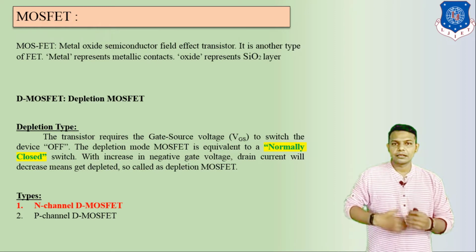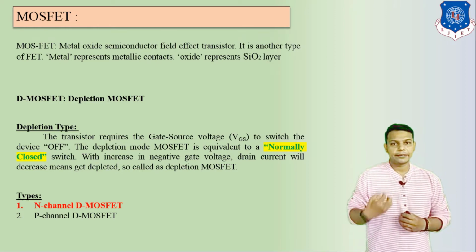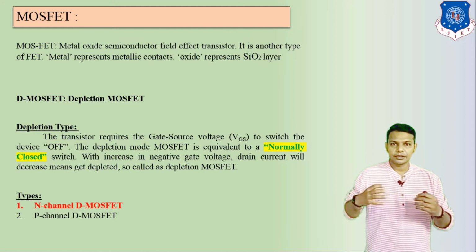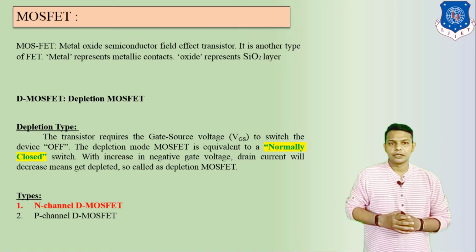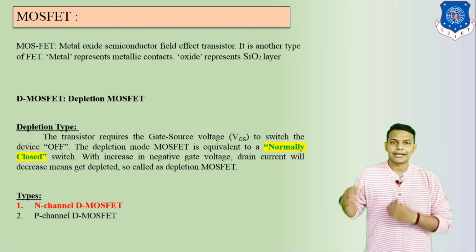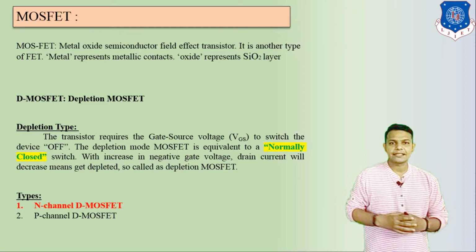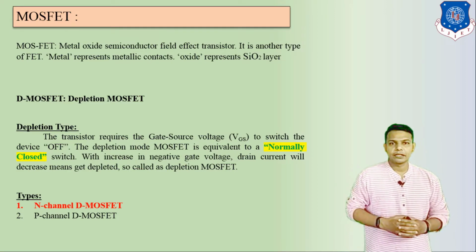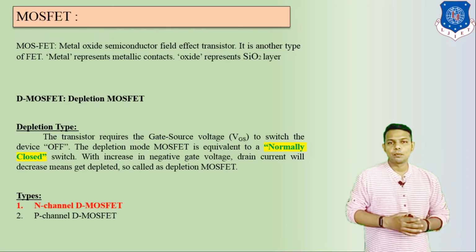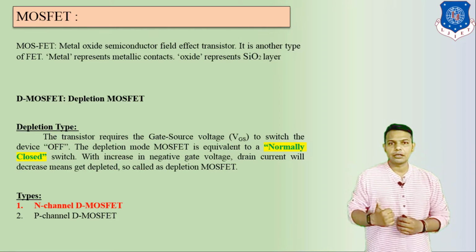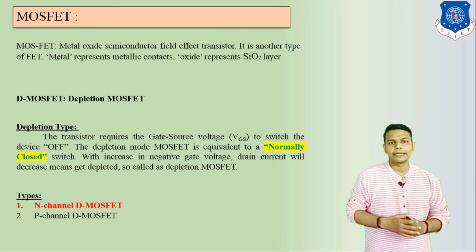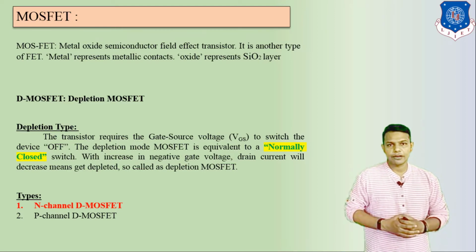So that means depletion is penetrated into the channel, and due to this depletion region, it is known as depletion MOSFET, or D-MOSFET. D-MOSFET is divided into two parts: number one, N-channel D-MOSFET and number two, P-channel D-MOSFET. In today's lecture, we are going to discuss only the N-channel D-MOSFET.